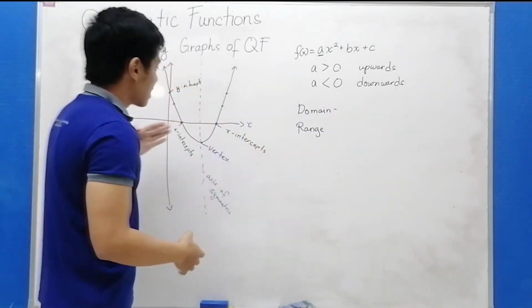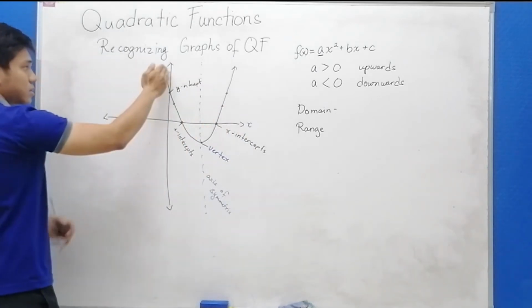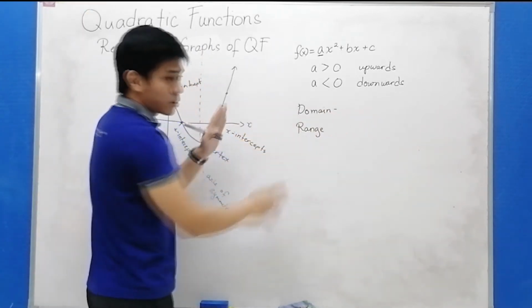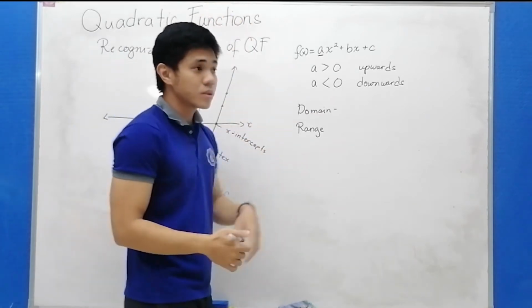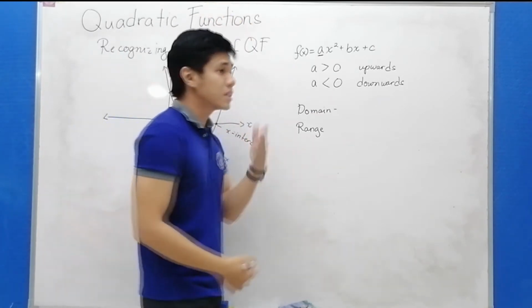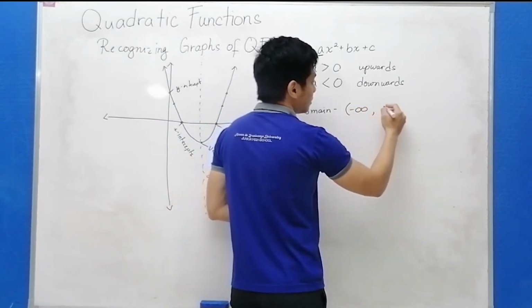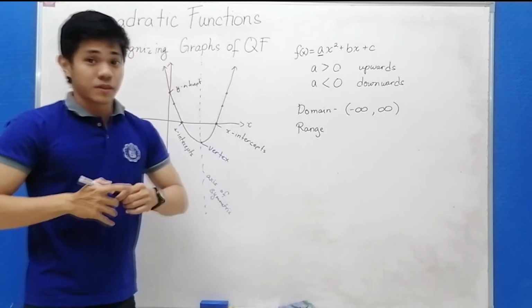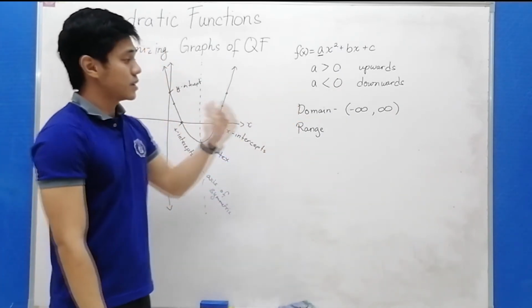In this graph, the values for X go infinitely negative, because the more it goes negative, the more it goes upwards, and the more it goes to the right, the more it goes positive, the more it goes upwards. So the domain is infinitely negative to infinitely positive. And this is true for all quadratic functions.